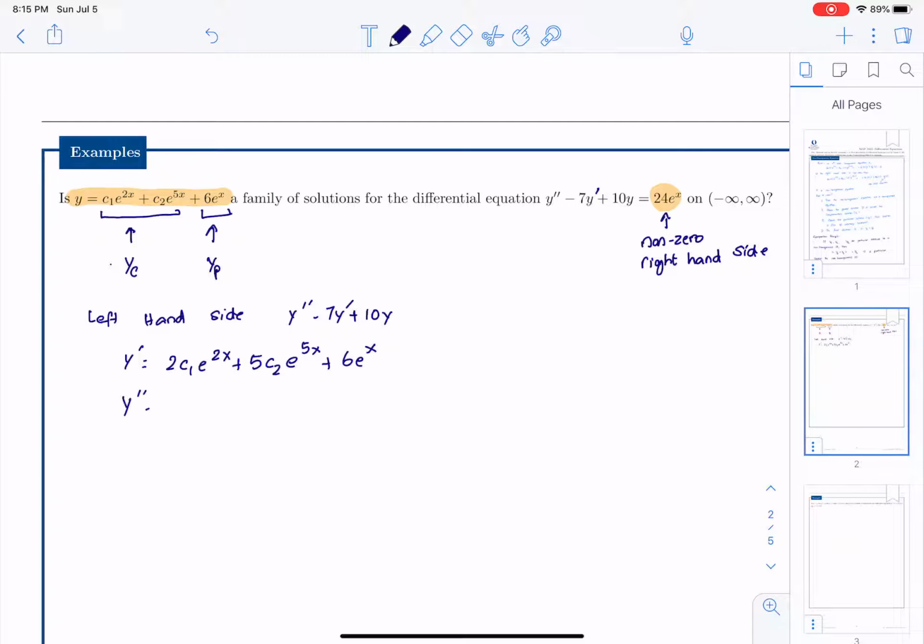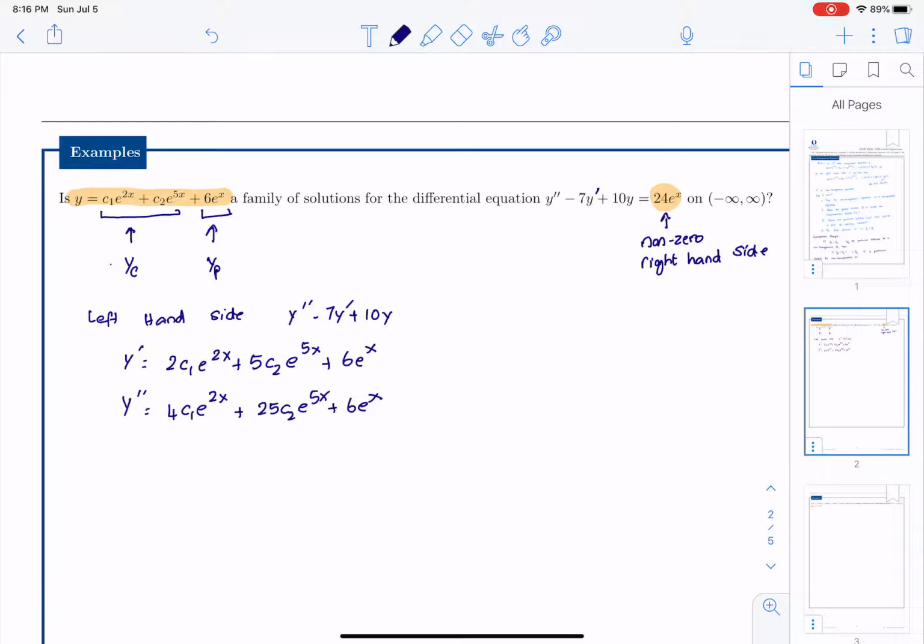Y double prime is 4c1 e raised to 2x plus 25c2 e raised to 5x plus 6 e raised to x. And we just have to take these values and plug them in the equation to see if it holds true.